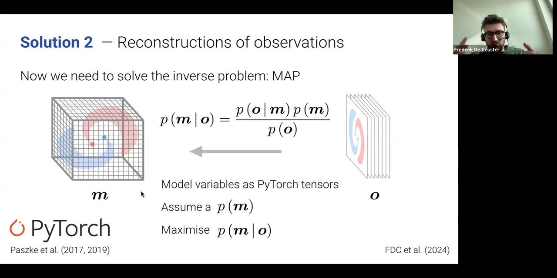And then simply by maximizing the posterior distribution, we could get an idea of the 3D models based on certain observations that we gave as an input.